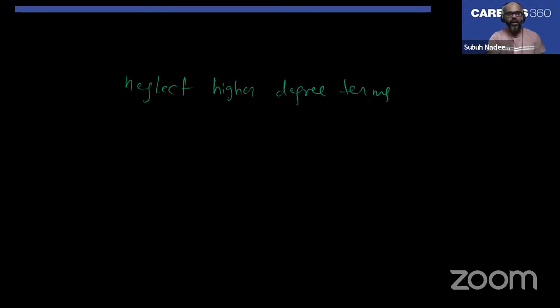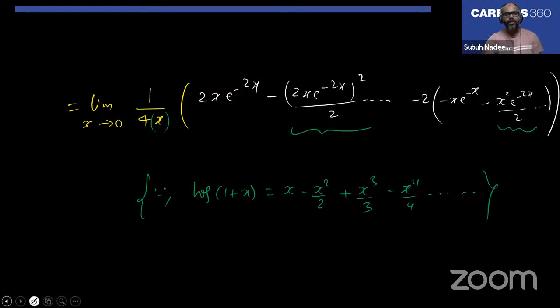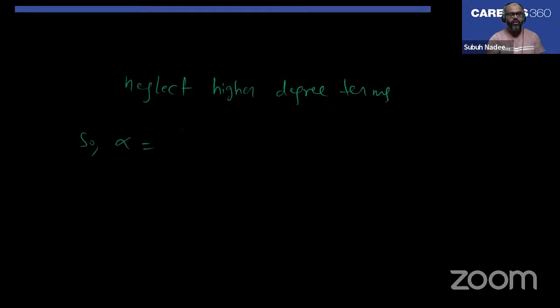We can say that alpha is equal to, so alpha is here becoming, this we can reject, this also we can reject, 2x e to the power minus 2x, which is 1 by 4x, 2x e to the power minus 2x.